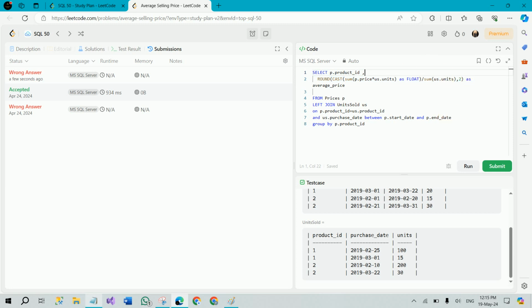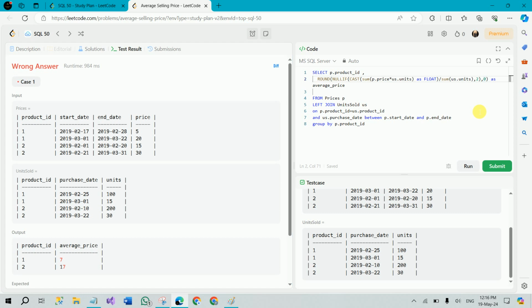When we divide, we can apply a nullif check, and we should have used isnull here as well, because if we get 0 or null in the denominator, that is going to cause a math error. So we need to apply the null check here.